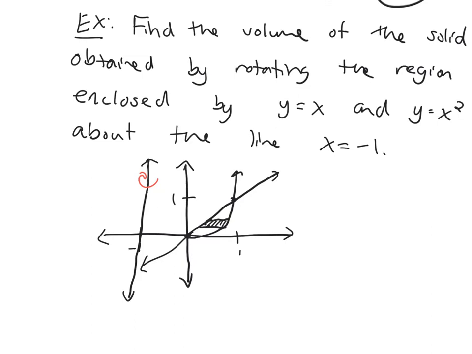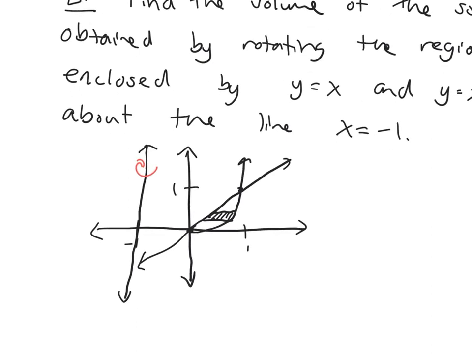When I rotate this around, what am I going to get? A disc or a washer? Rotate this around. A washer. There's going to be a hole in the middle. Right? So again, I have a little r and a big R.